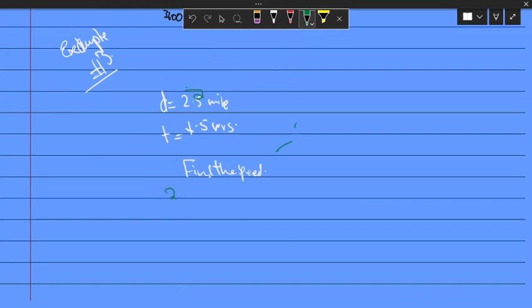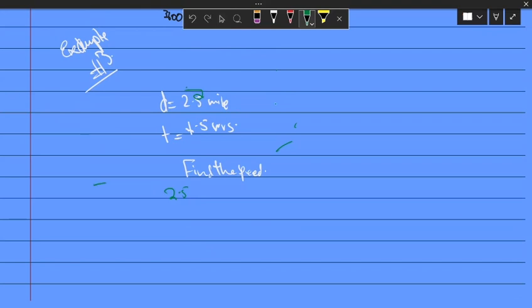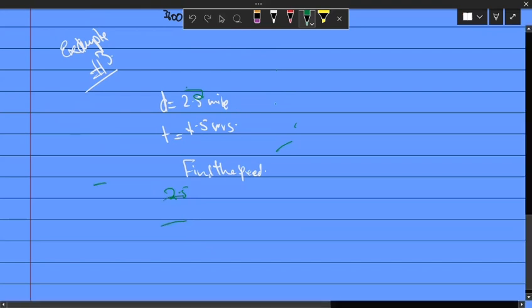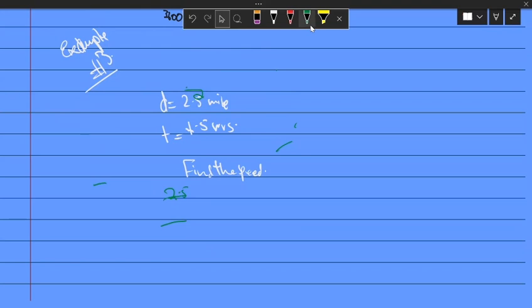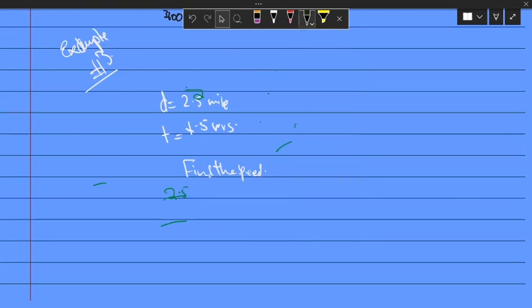2.5 upon 1.5. Let me change the color, let's take black.